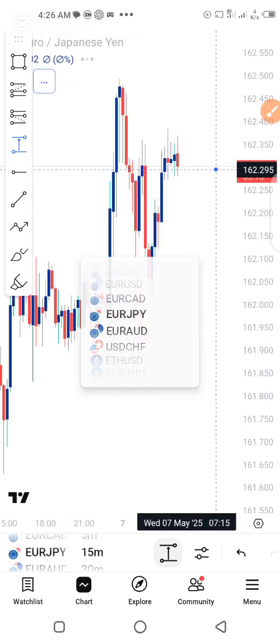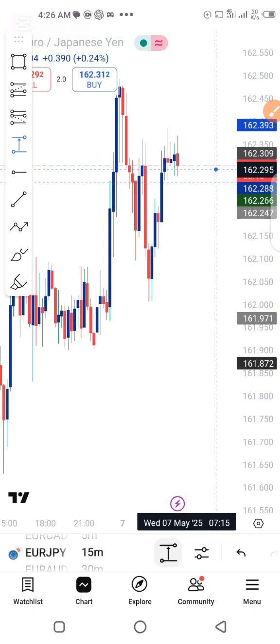Let's check Euro JPY. You can see an example here: this JPY pair started from 161 something. The same thing we taught in the theory is what you're going to be seeing here. So you just have to practice what I just showed you, and you get perfect day by day.